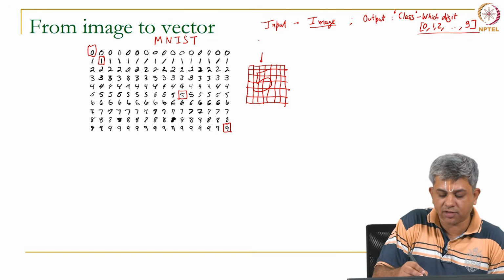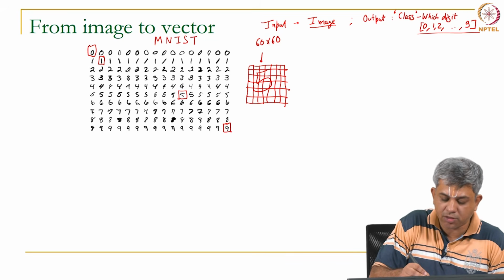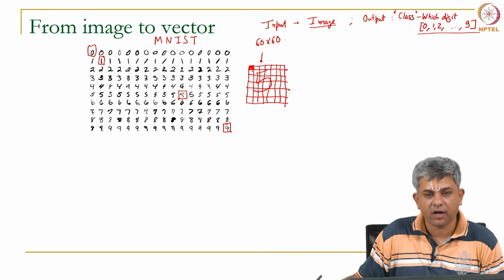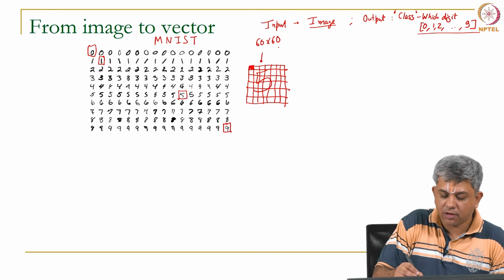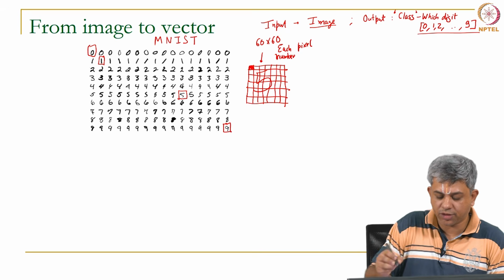Let us say in this case we have a 60 cross 60 grid of pixels. Each of these pixels has a single value associated with it. Each pixel has a number associated with it.